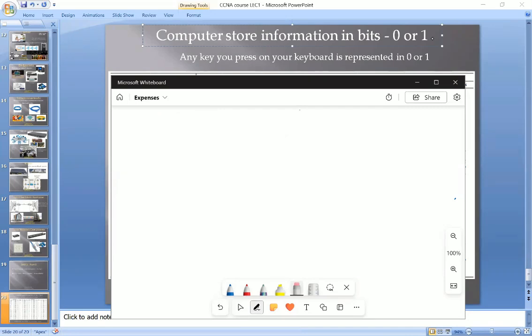I think in JSS2 or JSS3 or SS1, I can't remember the particular class in secondary school, when we were taught number bases, they taught us binary numbers in base 2. So they will say 10112001, that is in base 2.